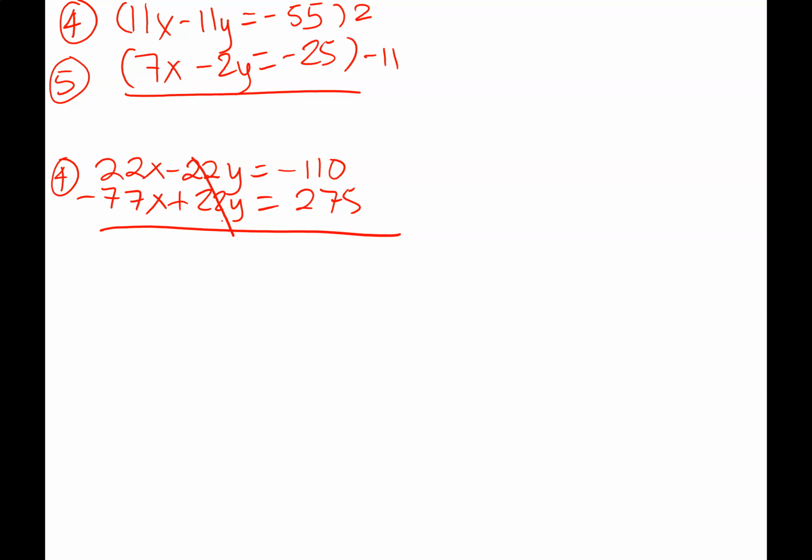Boom. Bye. What are we left with? Looks like we are left with a negative 55x, and that's going to be equal to 165. Go ahead and divide by a negative 55 to each side, and we should end up with x equals 3.